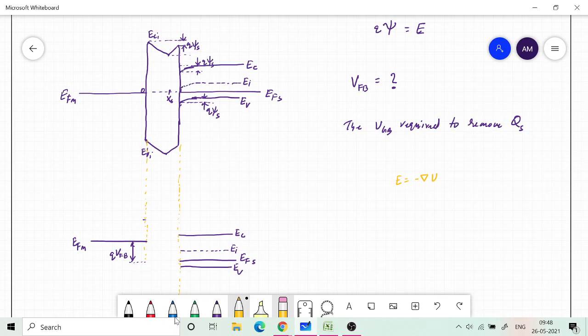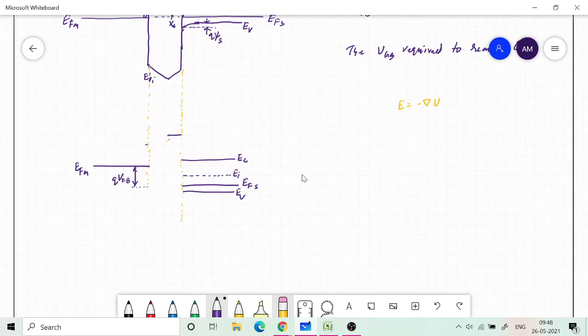So that means when I draw, I have to keep it constant from x0 onwards. Suppose this is the x0 point, I need to keep it constant. Same thing for EC as well as EV, I have to keep it constant. This is because of this relationship, electric field has to be 0.